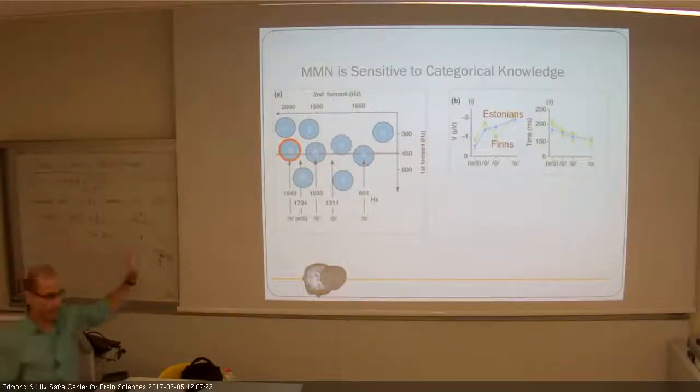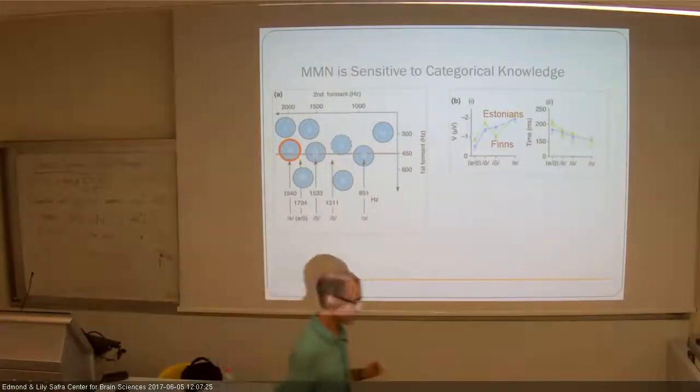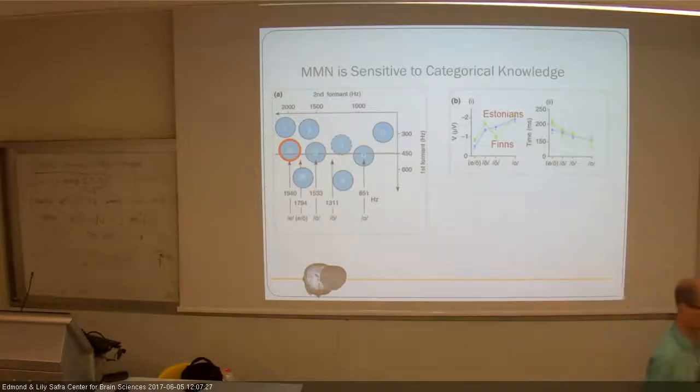There are examples of detecting regularity on a much higher level of processing. One nice example is the fact that over development we form categories of phonemes.